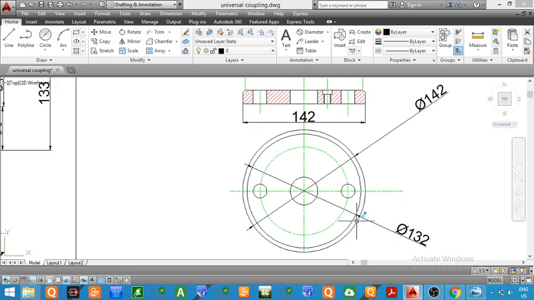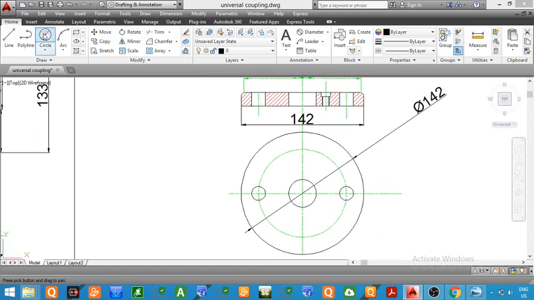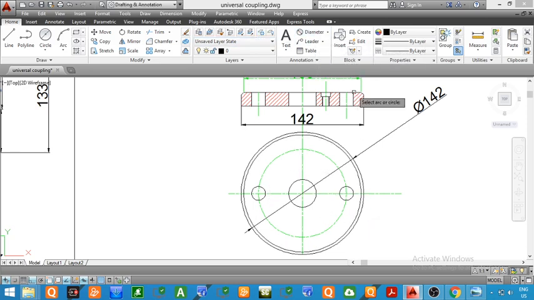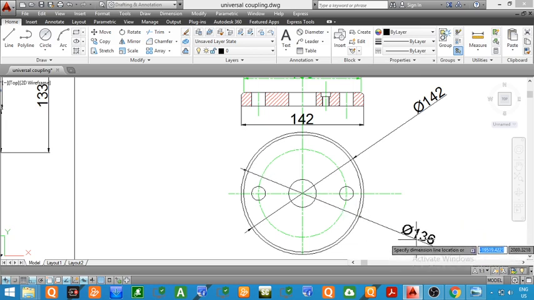So we will delete this circle. Instead of 132 we have to draw a circle of diameter 136 in the top view. So now we will draw here a circle of diameter 136. So this is the chamfer circle, and we will give the dimension. Dimension is equal to 136 mm.